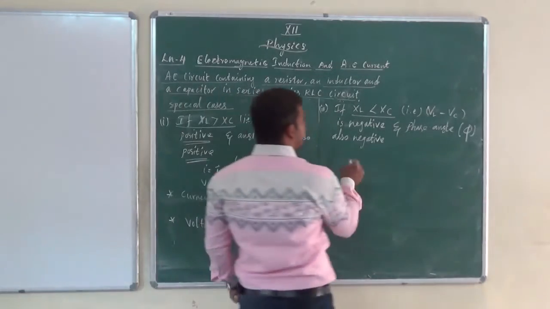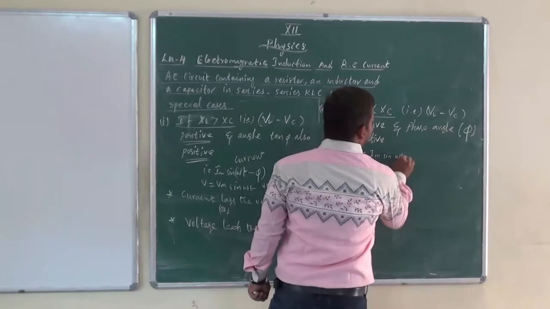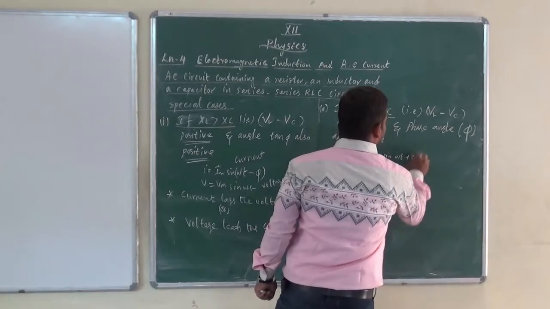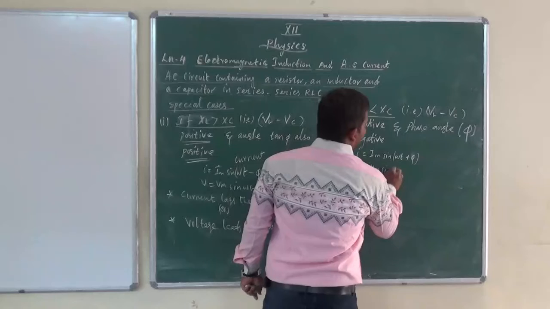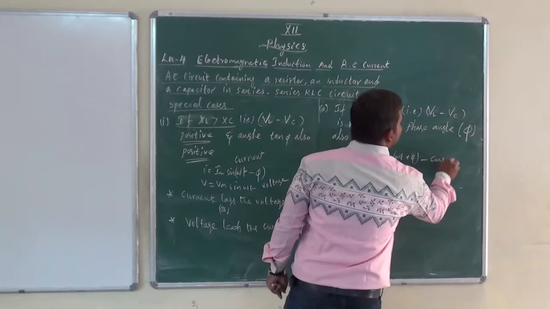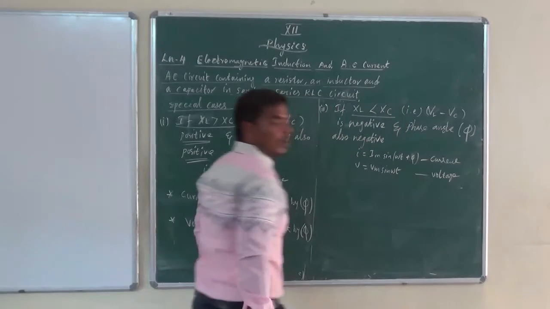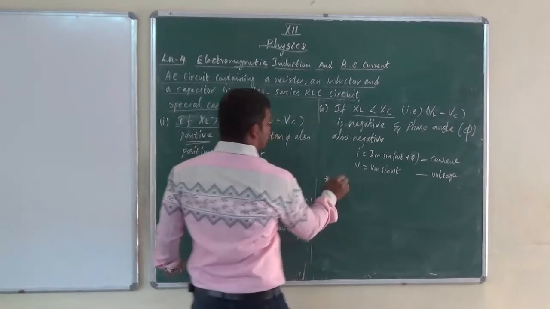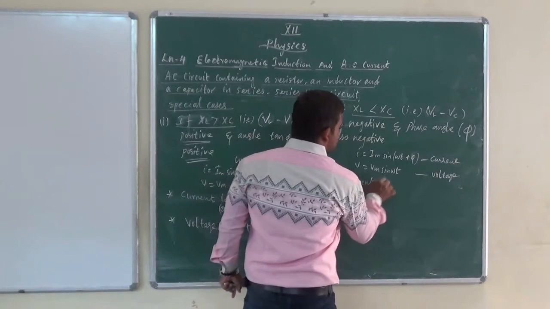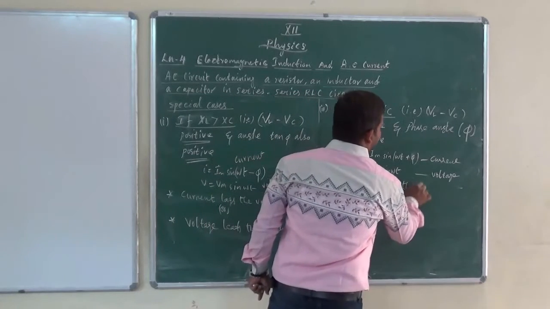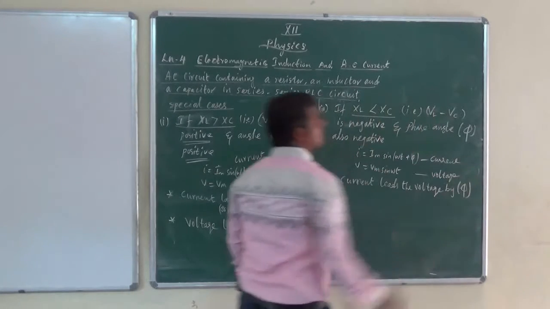We can write the equation I equal to Im sin(omega t plus phi), then voltage V equal to Vm sin omega t. This is current, this is voltage. Am I correct? So here you have to repeat the same sentence: the current leads the voltage by phi, that means the angle is phi.